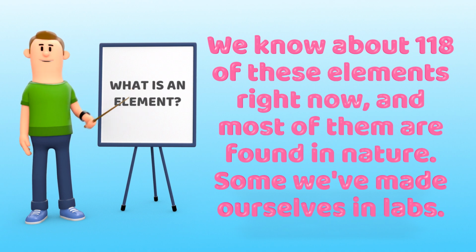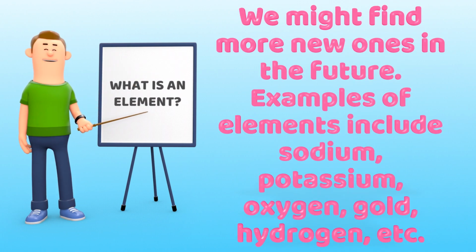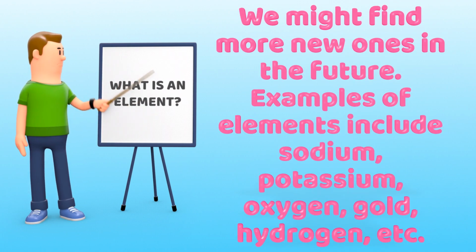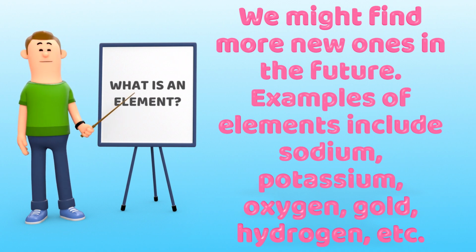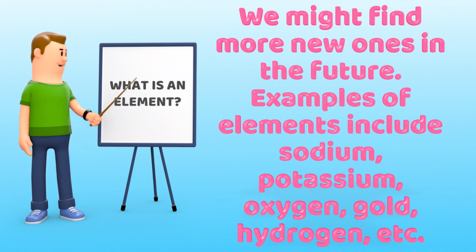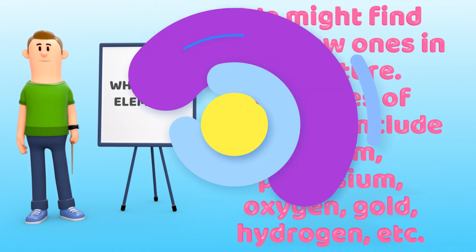Some of them are made by scientists. As science and technology keep expanding, we might find some new elements in the future. Examples of elements include sodium, potassium, hydrogen, gold, etc.